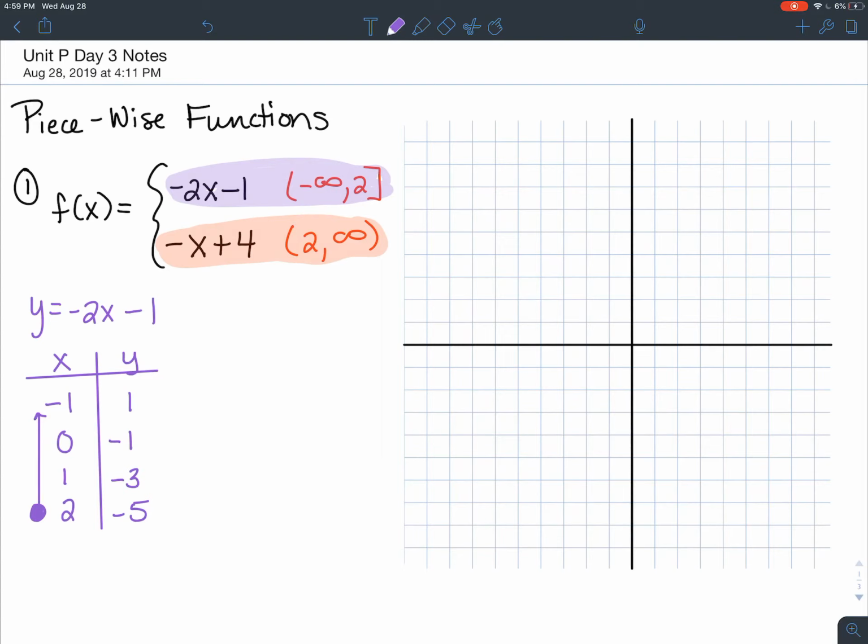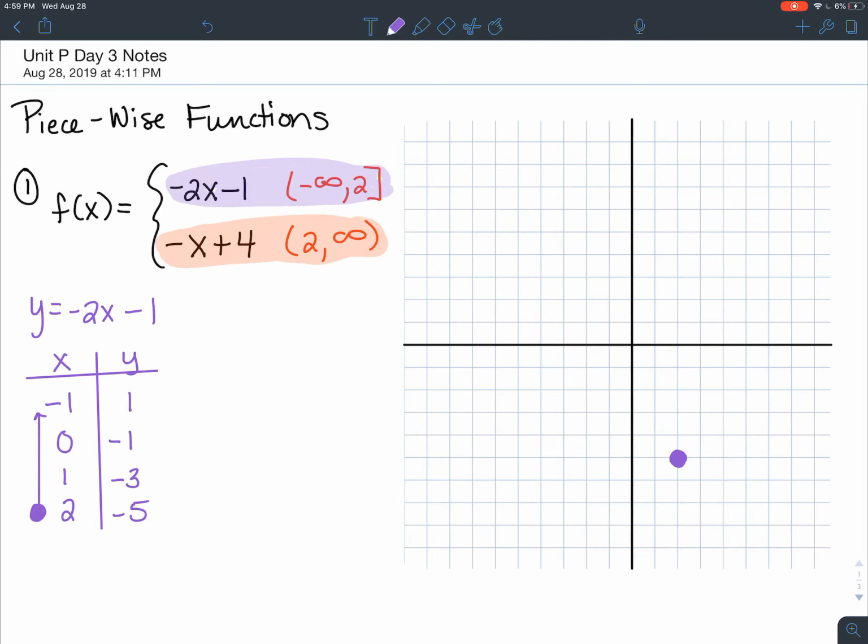I'm going to start with my solid point, since that's the end of my graph. 2 is at negative 5. 1, 2, 3, 4, 5. I'm going to make it a big solid point just to indicate that that's where I'm starting and stopping my graph. Nothing should go past that dot, whether it's to the left or to the right. It's got one or the other, not both.